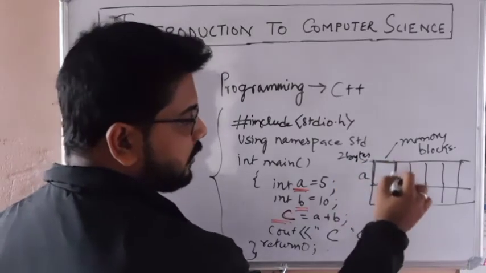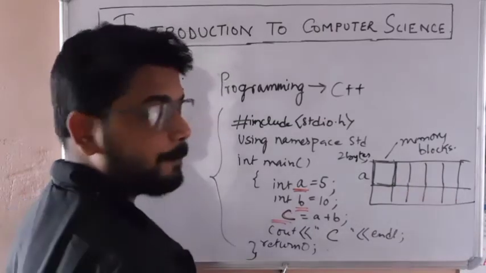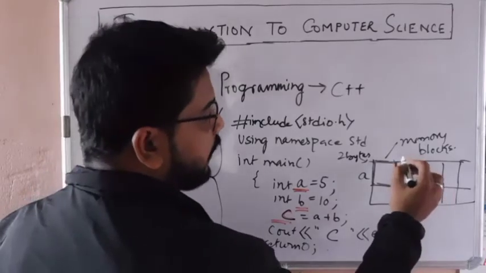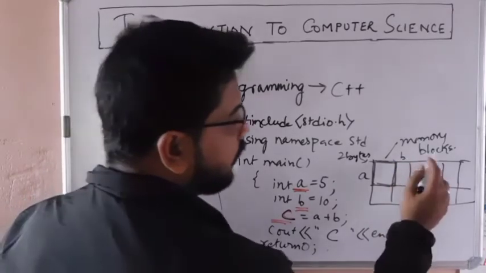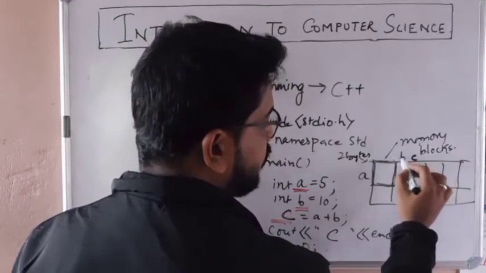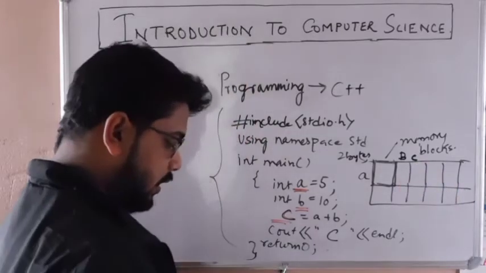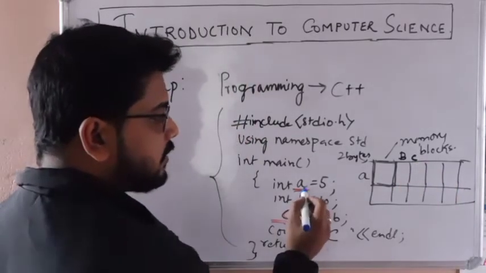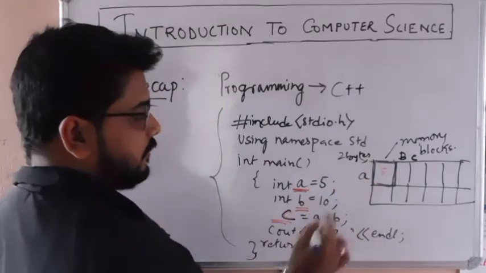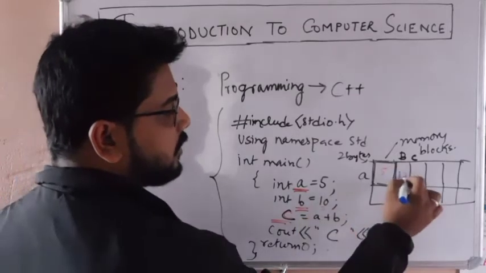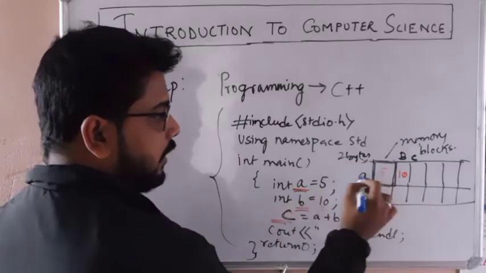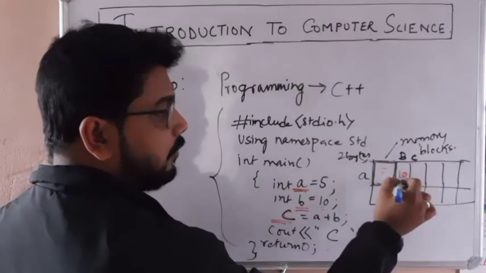This is 2 bytes of memory, this is another 2 bytes, and this memory block I have named with the variable A. Similarly, this will be variable B, and this will be another variable C. I have initialized A with 5 and B with 10. So variable A has the value 5 and variable B has the value 10.